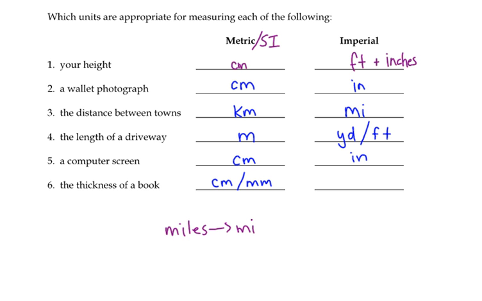It depends on your book, right? Imperial, what would you use? What's the smallest unit they have in imperial? An inch. What's the problem with the inch being the smallest unit? You get crazy fractions. If you're going to work in construction, you better get good at your fractions because you'll need them.